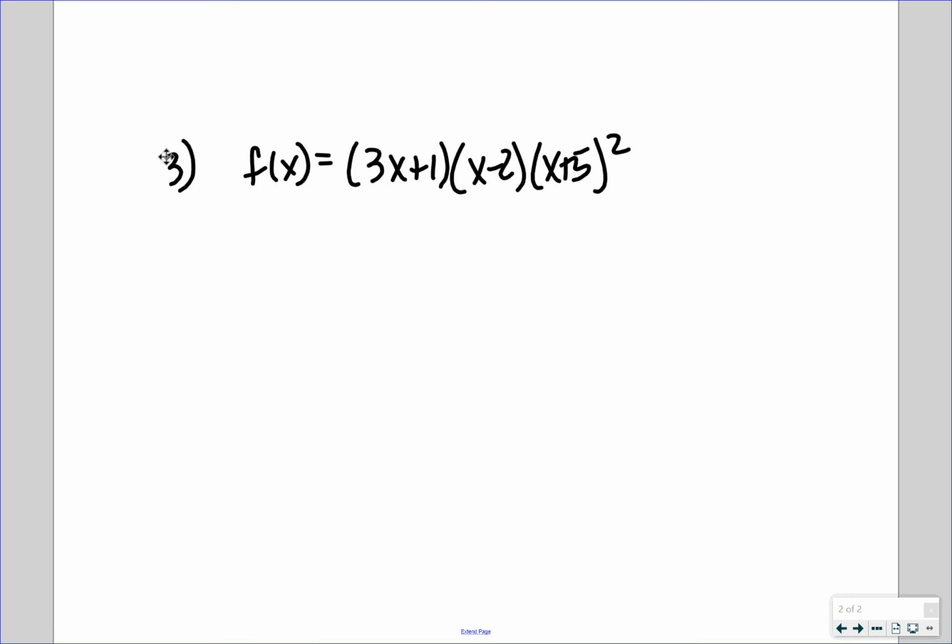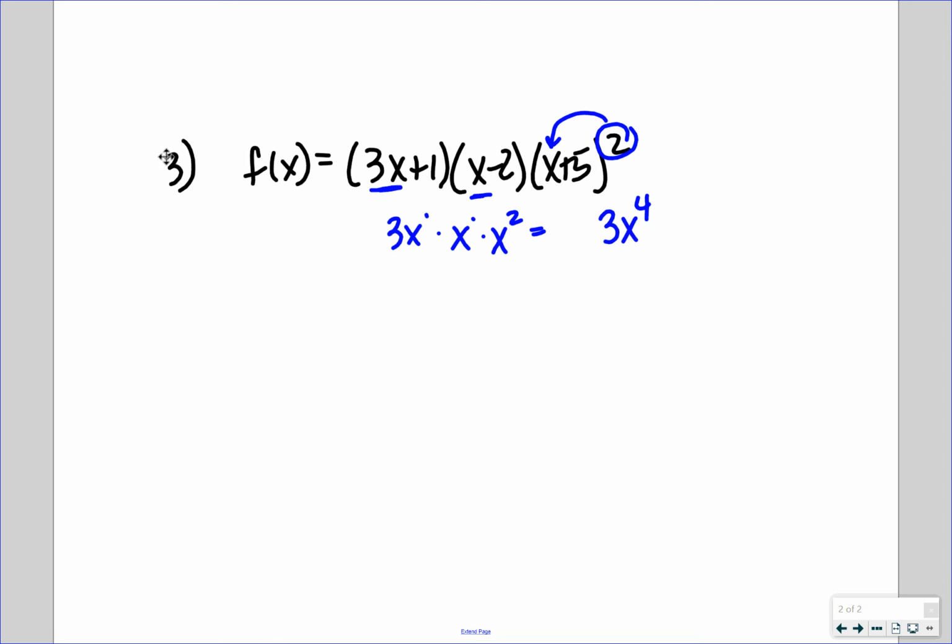I can figure out the leading term by just looking at the first term in each set of parentheses. I have a 3x, I have an x, and then this one would be an x squared. So I end up with 3, and then I have 1, 2, 3, 4 x's, x to the 4th.